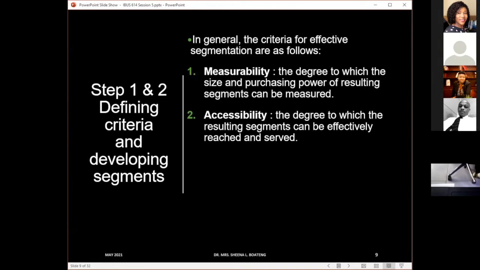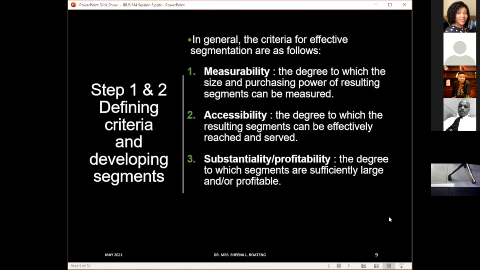Consumers within the market can barely even afford to feed themselves. So it's not profitable for a firm to target customers within this country, because it will be very difficult for them to design an actual market offering that would appeal to customers in this group, right? So accessibility is very important when it comes to developing market segments.